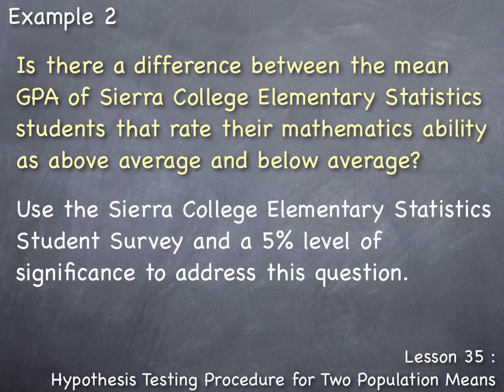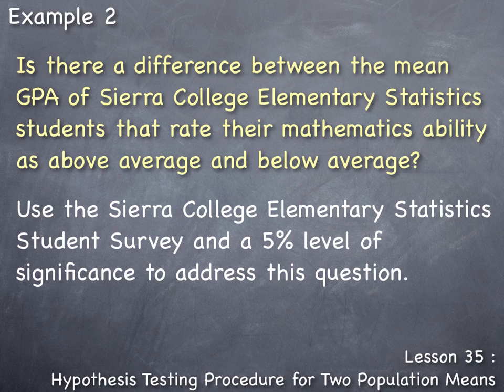Now, the idea is there a difference, which can be expressed symbolically as a not equal, between the mean GPA, which can be expressed symbolically as mu, of Sierra College Elementary statistics students that rate their math ability as above average, which is one population, and Sierra College Elementary statistics students that rate their mathematics ability as below average, which is a second population.